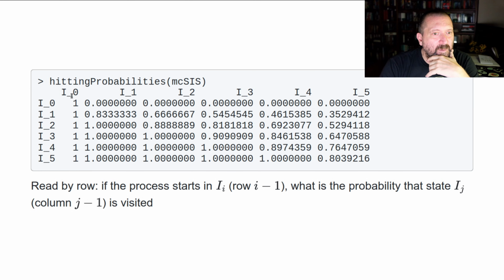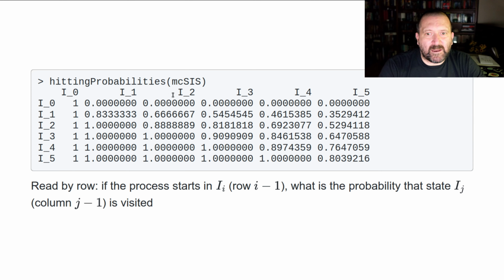The hitting probabilities: you can see that because I equals 0 is an absorbing state, wherever I start from, with probability 1, I'm ending up in I equals 0.